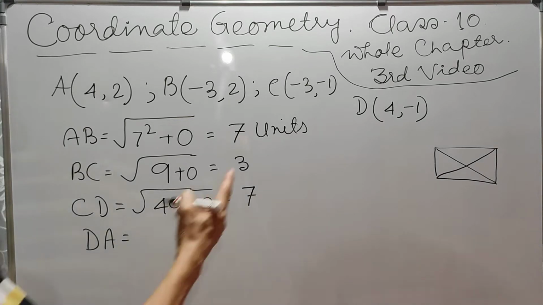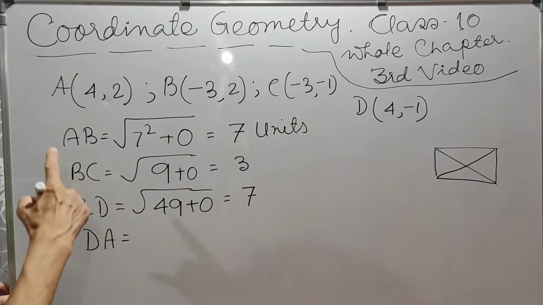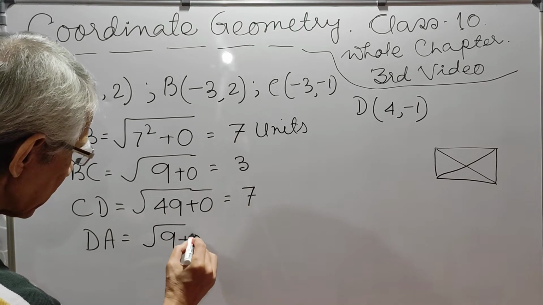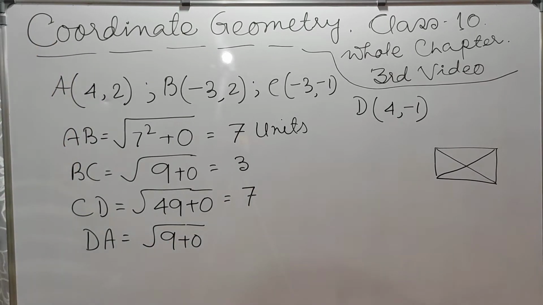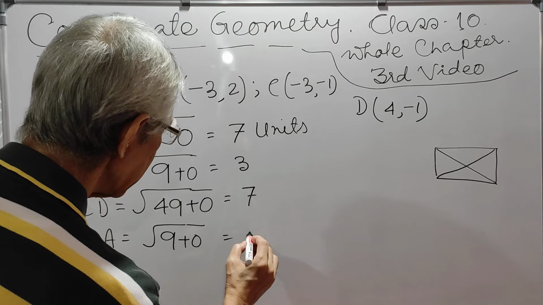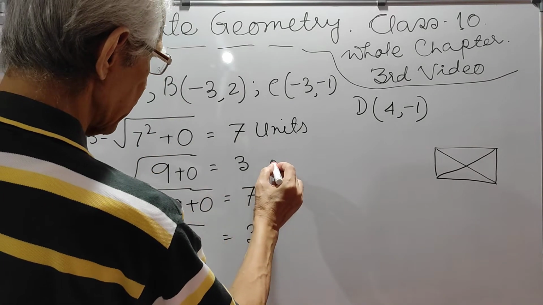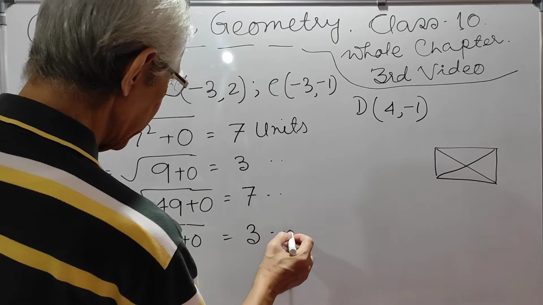The 3 cancels, so we get the square root of 9 plus 0, which is 3. So we have 3 units, 7 units, 7 units, 3 units.